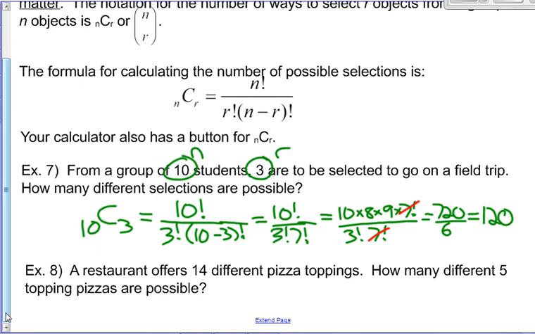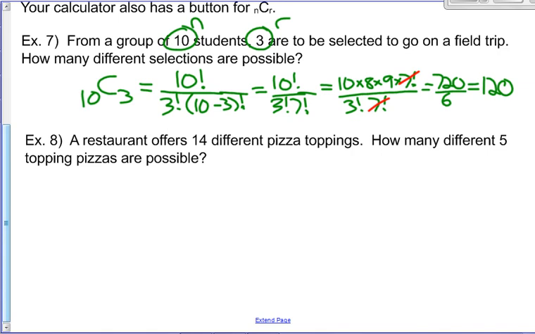Let's take a look at one other one here. A restaurant offers 14 different pizza toppings. How many different 5-topping pizzas are possible? So ask yourself, does order matter in pizza toppings? You might say, well, I like to have my pepperoni on the bottom or pepperoni on the top. Sure, but when you call up an order, you don't specify what sequence they're allowed to put the toppings on.